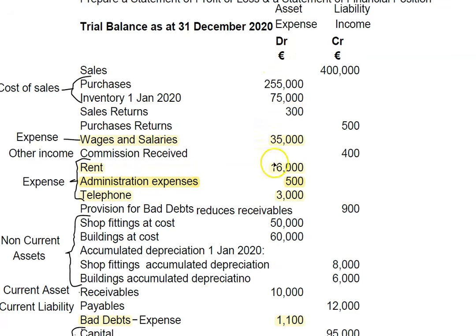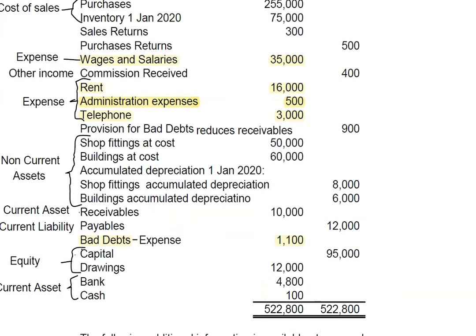So as I said, the expenses are on the left-hand column, and there are 5 of them: wages, rent, admin, telephone, and bad debts. And the other items are either assets on the left-hand side, current assets, non-current assets, or they're liabilities such as payables. Payables is a liability.